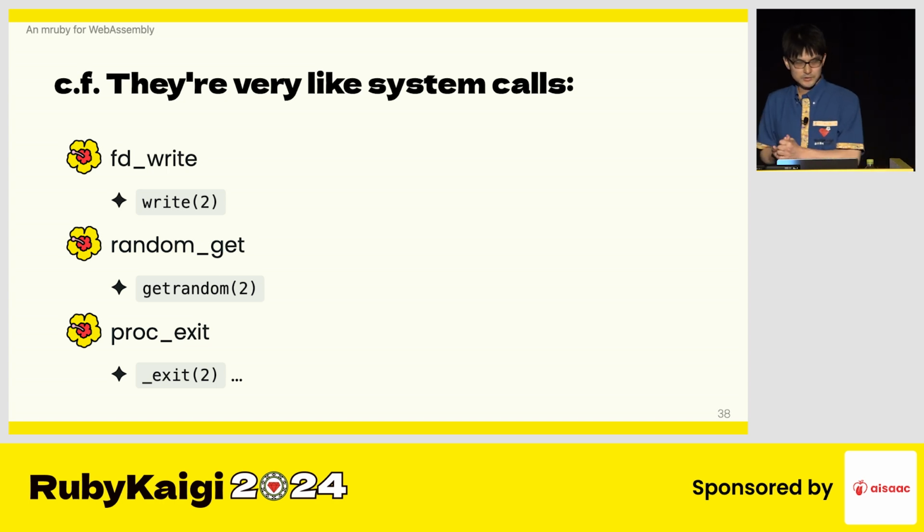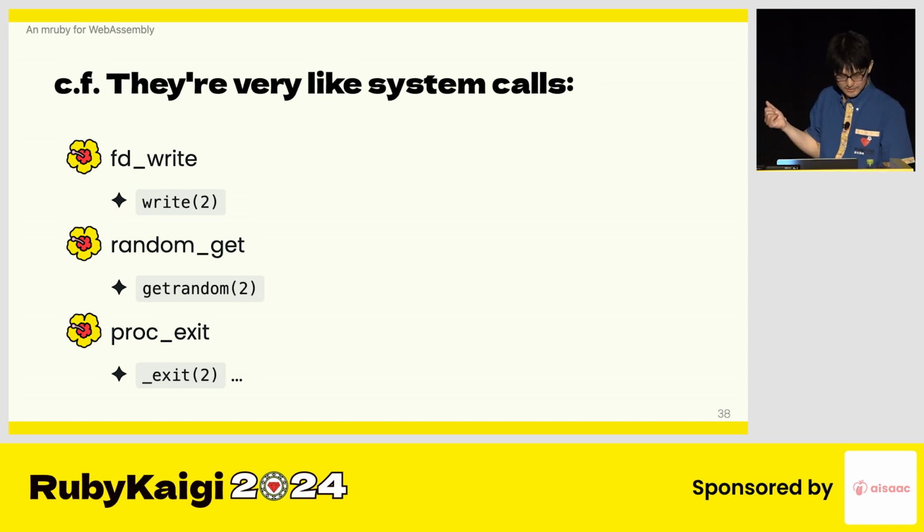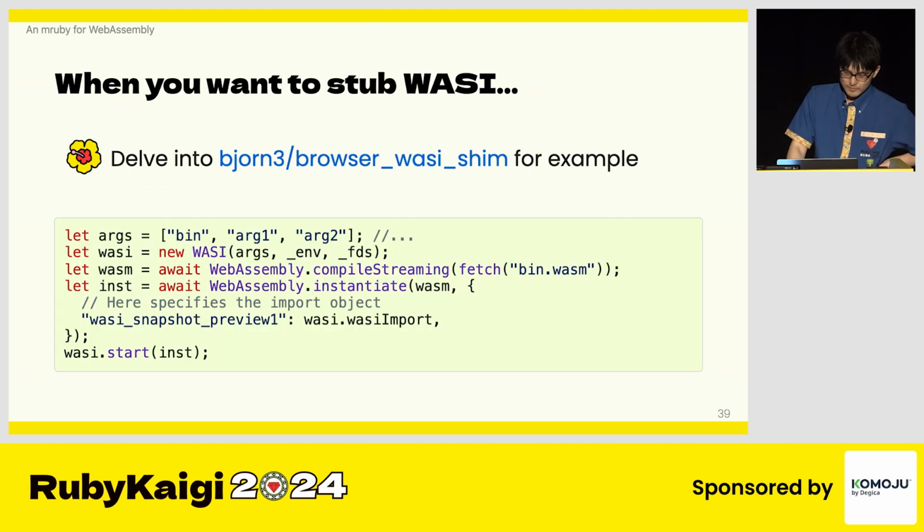They are very similar to system calls. For example, WASI's fd_write function is very similar to the system call write. random_get is like getrandom, and so on.